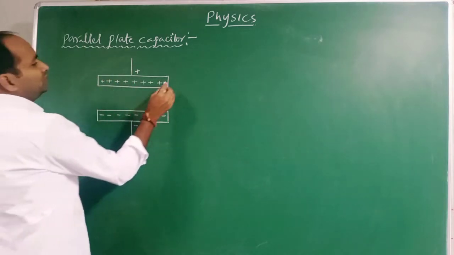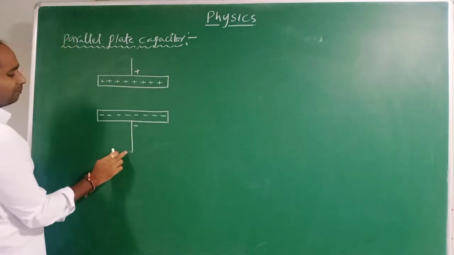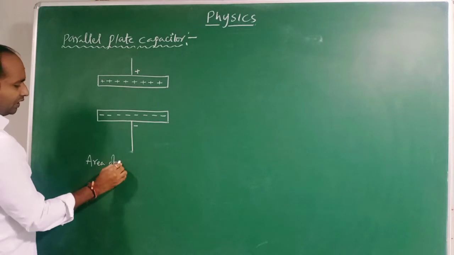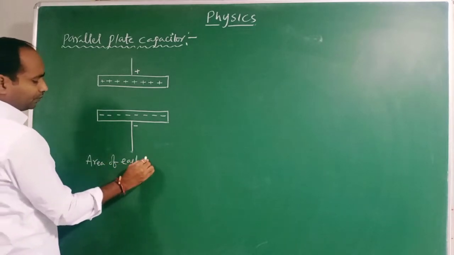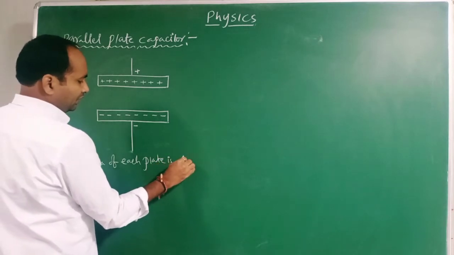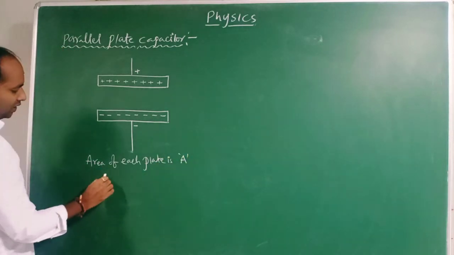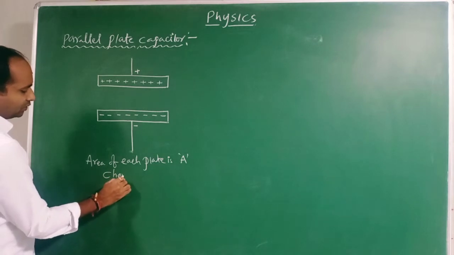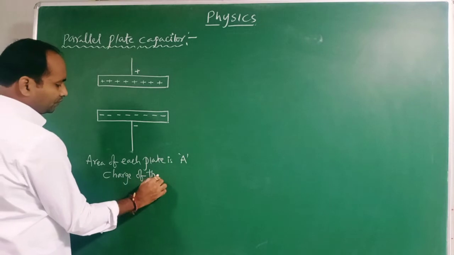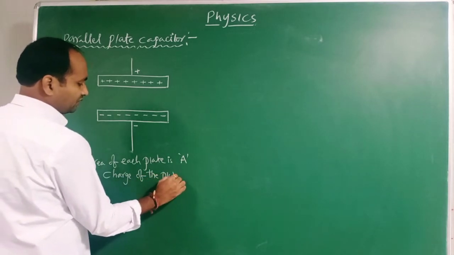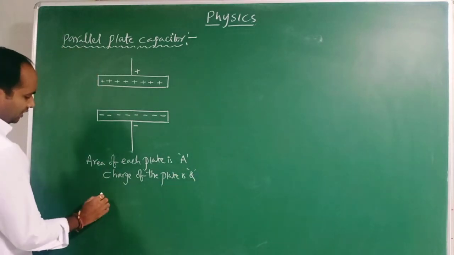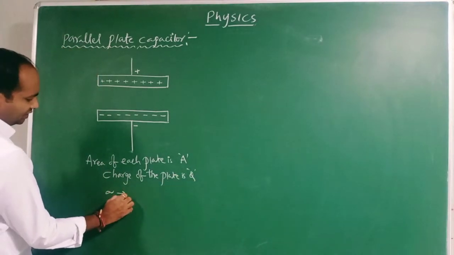Let us assume the area of each plate is capital A, and the charge of each plate is capital Q. Let sigma be the surface charge density.